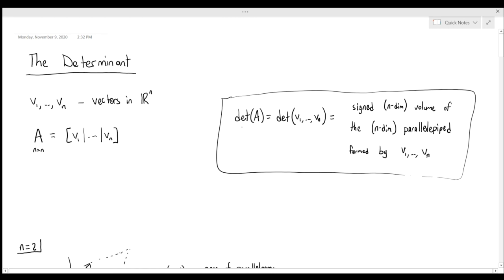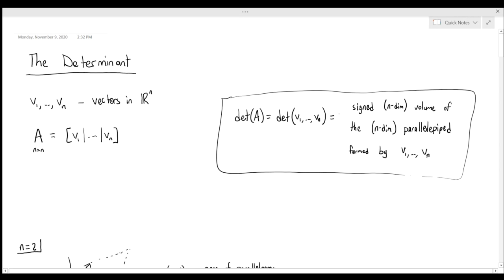All right, so the determinant of this matrix A, which we can also think of as the determinant acting not on the matrix A, but on these vectors. So kind of two different ways of looking at the determinant.